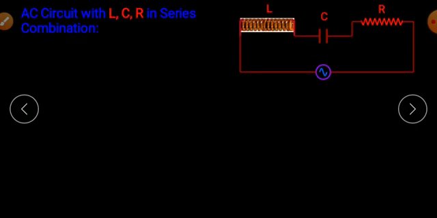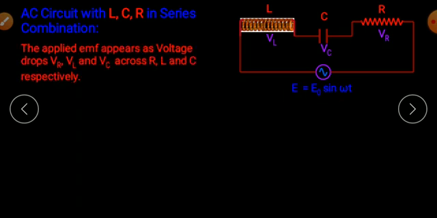As R, L and C are in series, the current at any instant through the three elements has the same amplitude and phase. So let I equal I naught sine omega t. The applied EMF appears as voltage drops VR, VL and VC across R, L and C respectively.